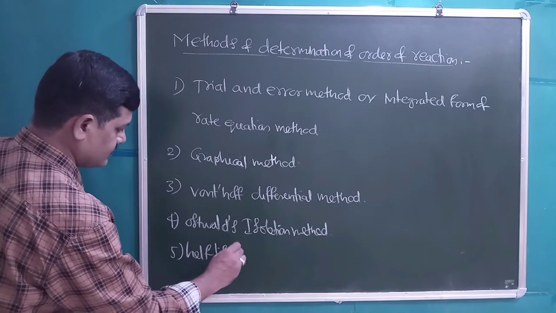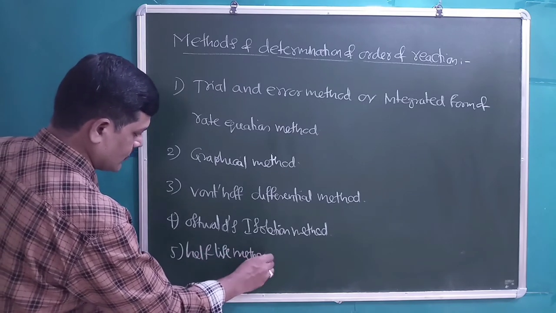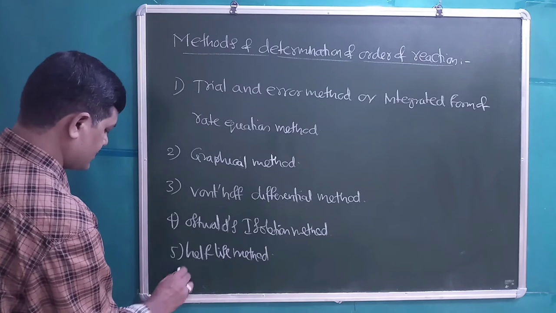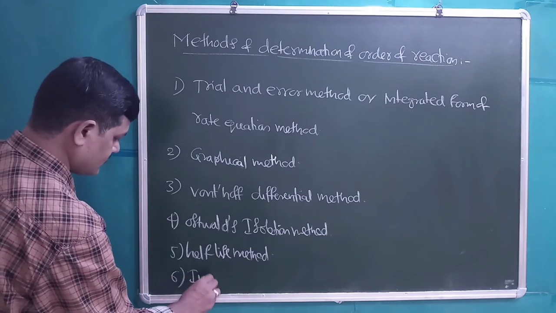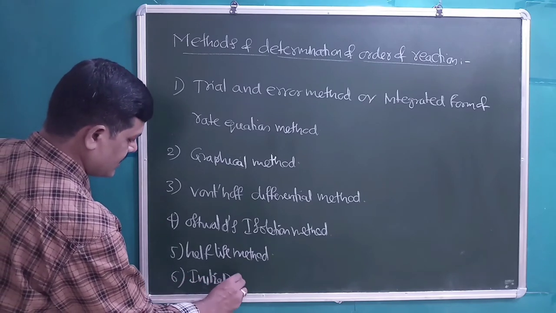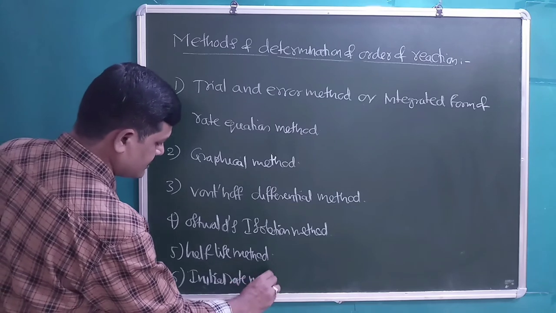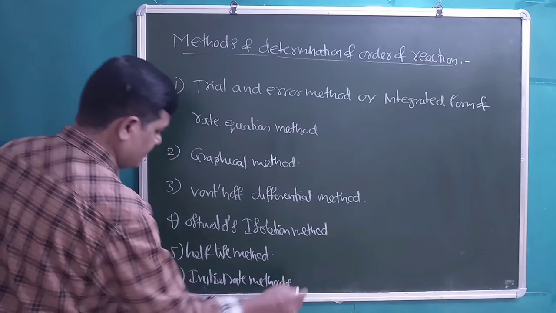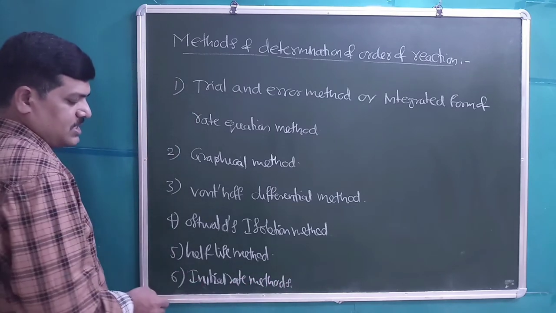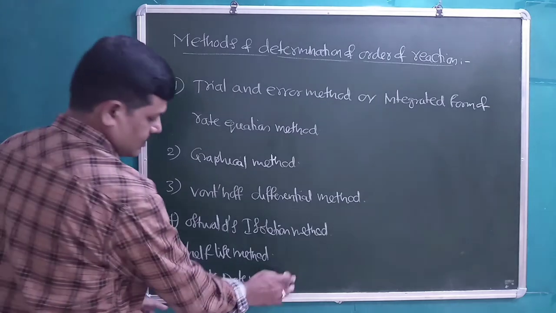Fifth is the half-life method. Sixth one is the initial rate method. Out of these 6 methods, mainly we will discuss the initial rate method by taking one question directly.